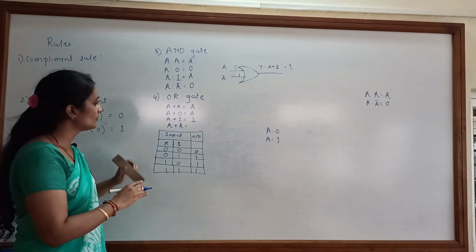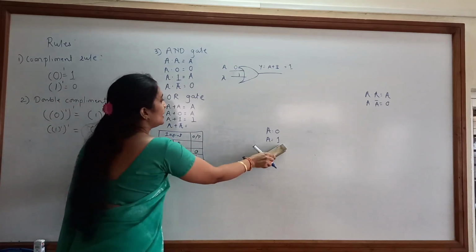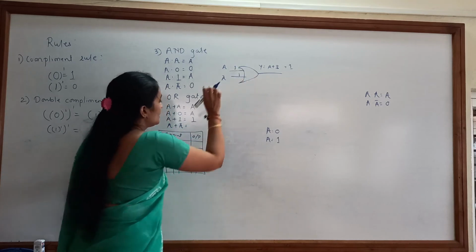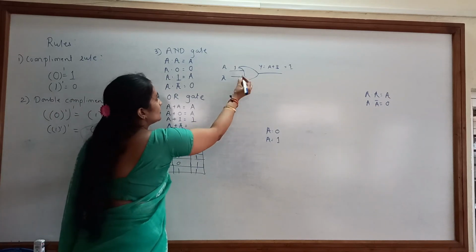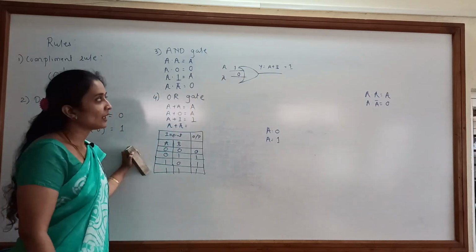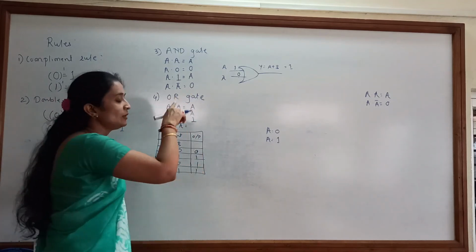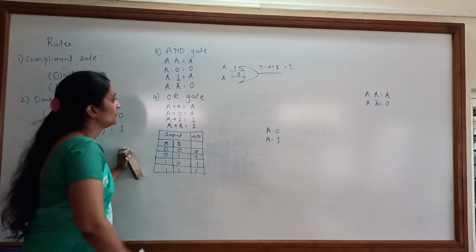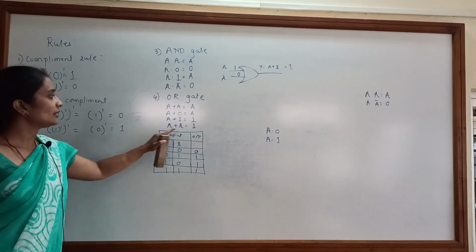If a is equal to 1, second is 1, we are adding complement. Complement of 1 is 0. Again 1 plus 0, what is the answer? 1. Means in both the cases what we are getting as answer? 1. Therefore we can write like this: a plus a complement is equal to 1.